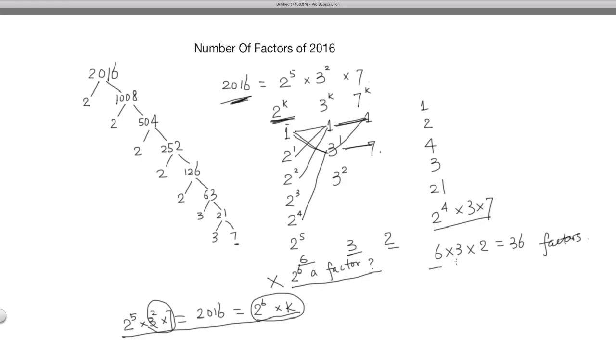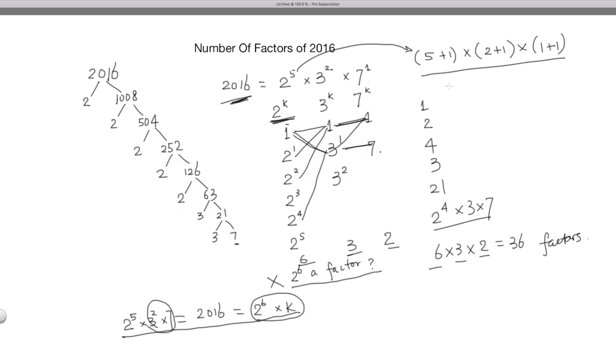Where you get the 6, 3, and 2 is really from the prime factorization, 2 to the 5, 3 to the square, 7. You have the exponents of this prime factorization, 5, 2, 1, and you add 1 to each of the exponents: 5 plus 1 times 2 plus 1 times 1 plus 1.